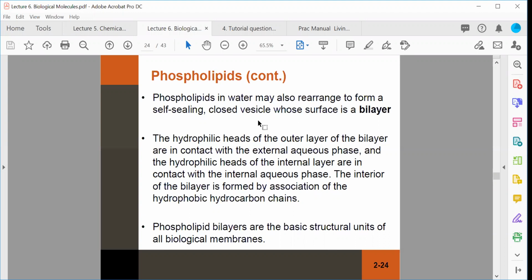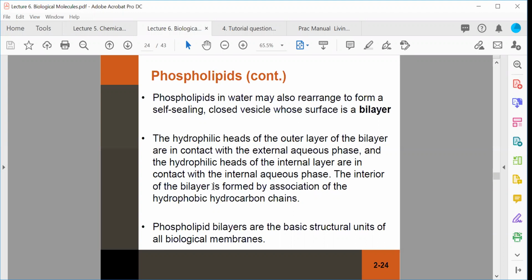So phospholipids in water may rearrange themselves to form a self-sealing closed vesicle, closed sphere, and the surface of that sphere is a lipid bilayer. The hydrophilic heads of the outer layer of that bilayer are in contact with the external aqueous phase, and the hydrophilic heads of the internal layer of the phospholipids are in contact with the internal aqueous phase.